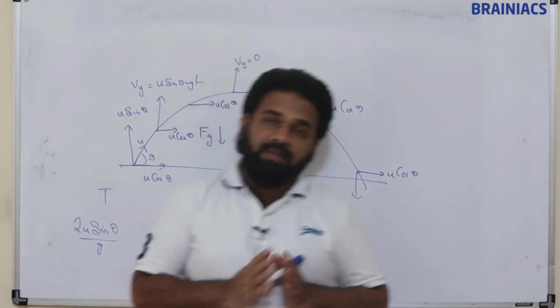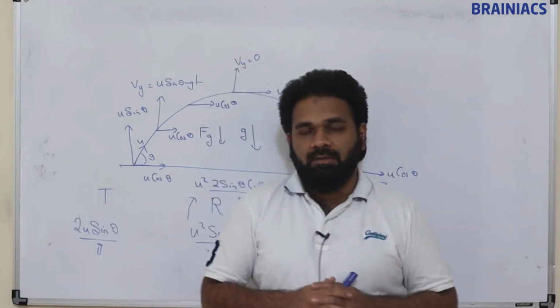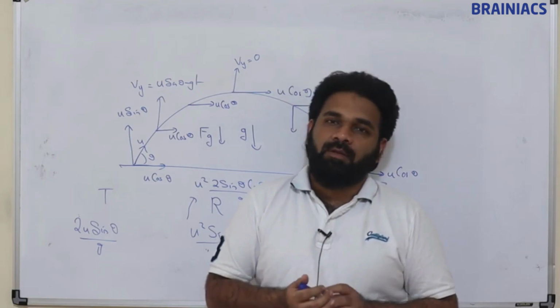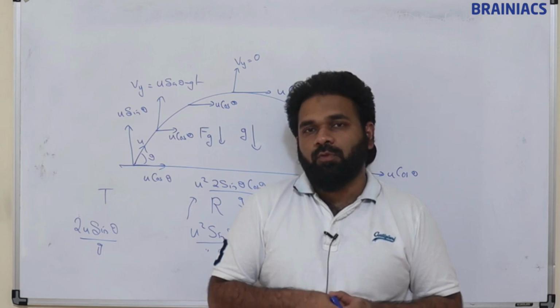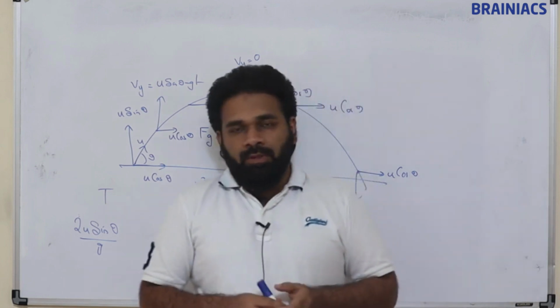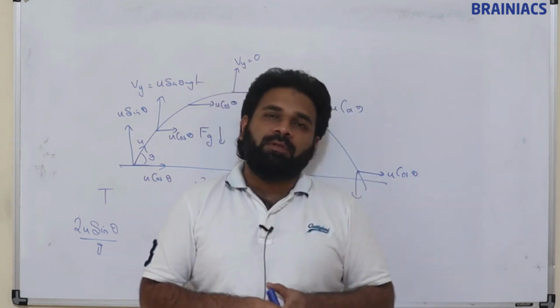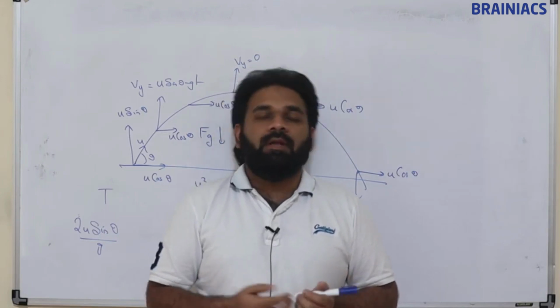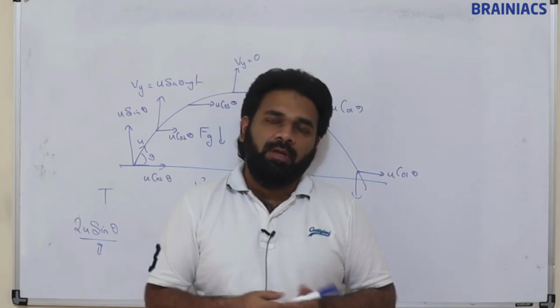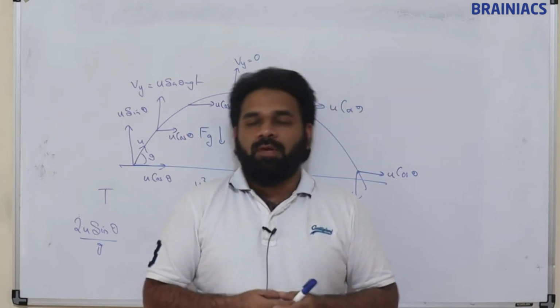In whichever direction acceleration is there we will be using the equations of kinematics: v is equal to u plus at, v square is equal to u square plus 2as, s is equal to ut plus half at square. If acceleration or force is not there in any particular direction, horizontal or vertical, we will use v is equal to s by t.